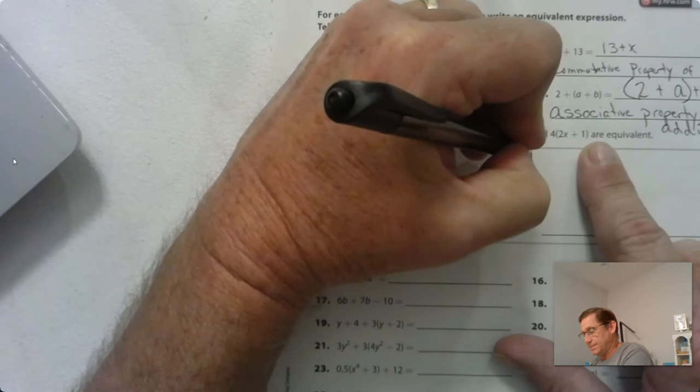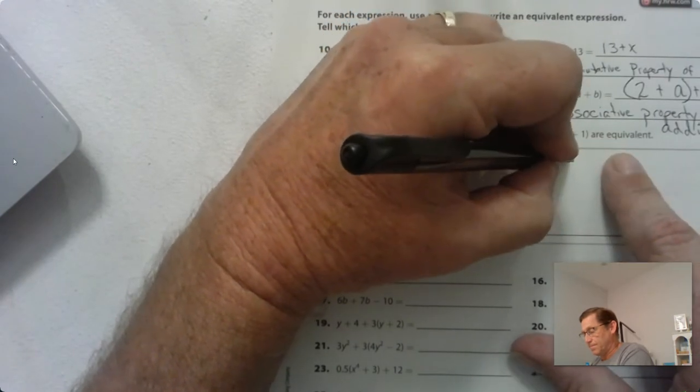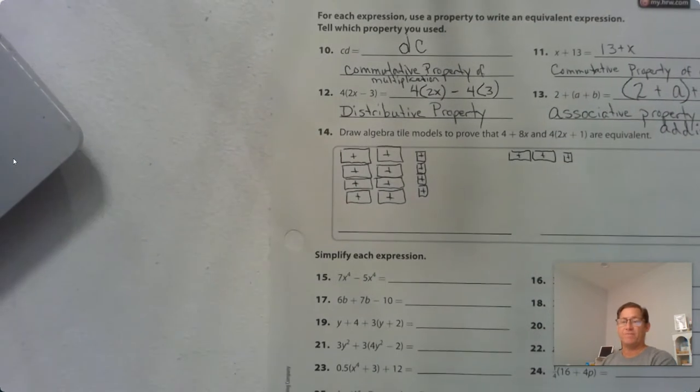So 2x plus 1. And we need 4 sets of those.